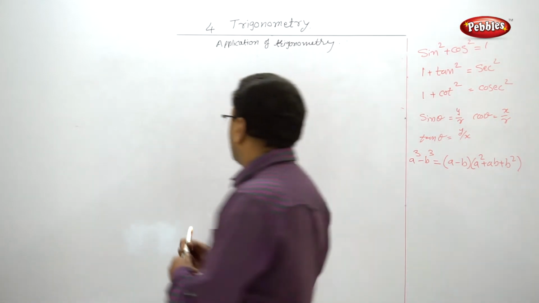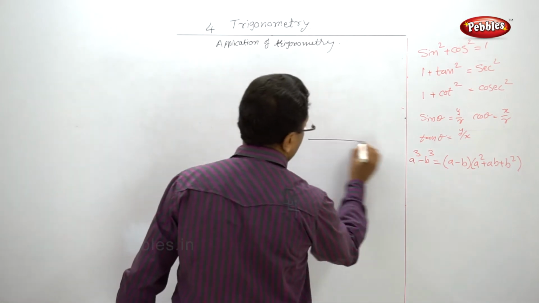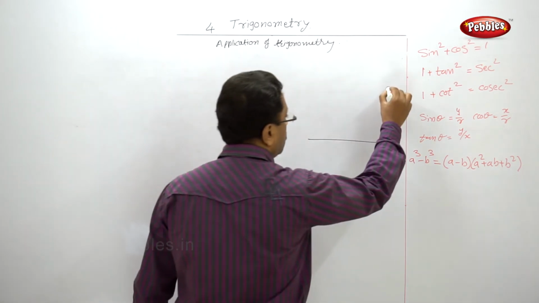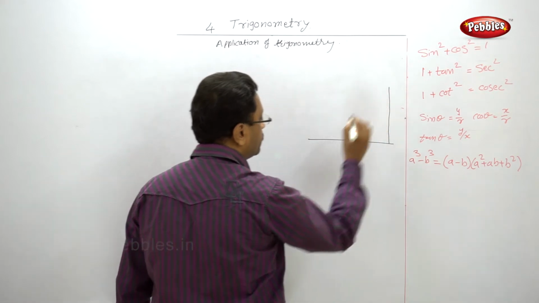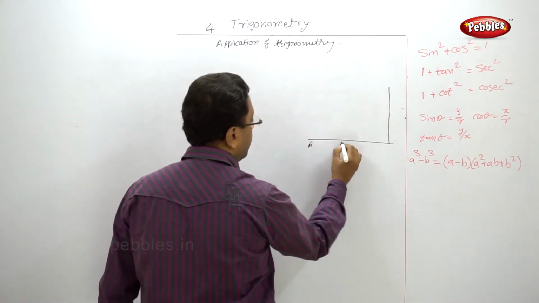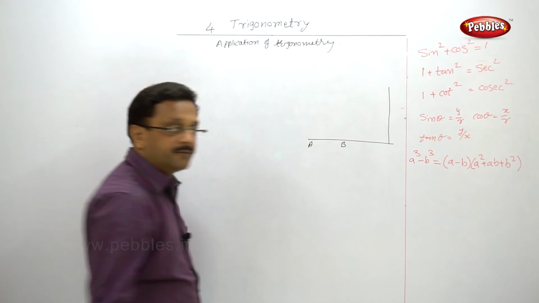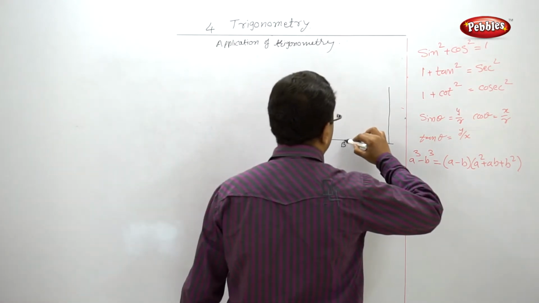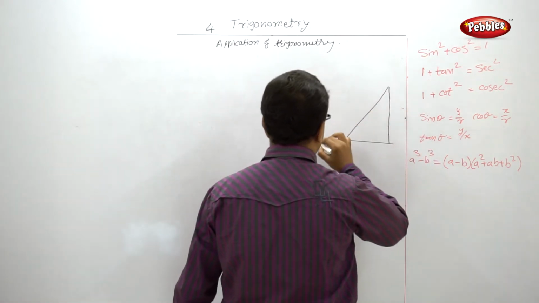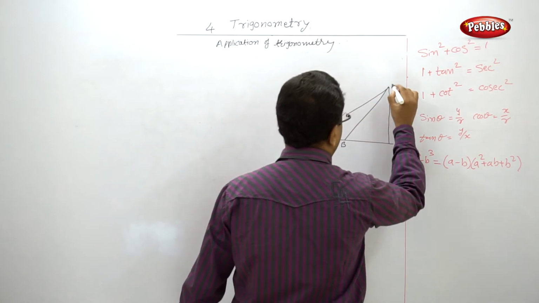So let us first draw a figure. This is my horizontal line, this is my building. One person is standing at A, another person is standing at B. So we have two angles, first angle and second angle.